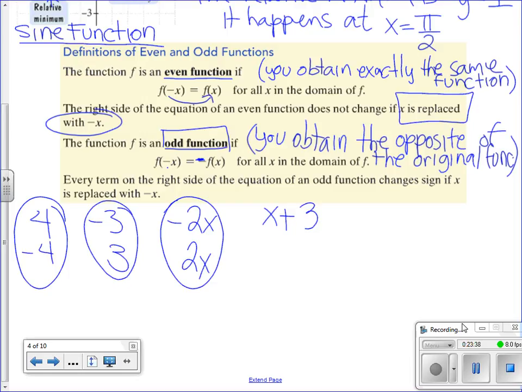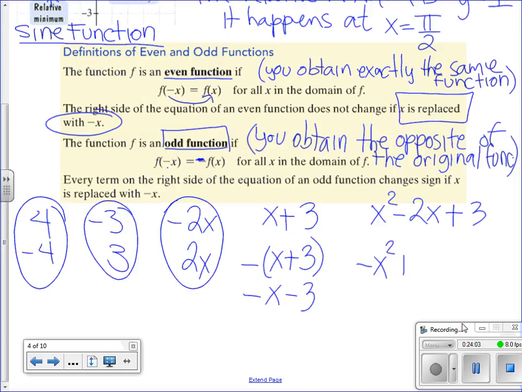Not only x minus 3, but also negative x. So you could kind of think of it as being x plus 3 in parentheses, and then the negative, and then it will be distributed. So negative x and negative 3. Okay? So if we have something like x squared minus 2x plus 3, what will be the opposite of that? Very good. So in this case, to be the opposite, all the signs must change.